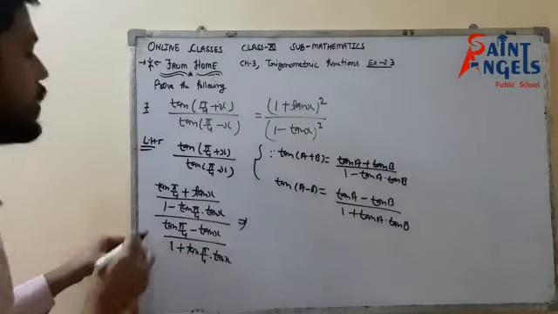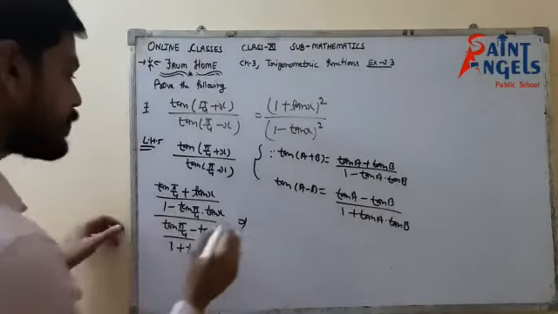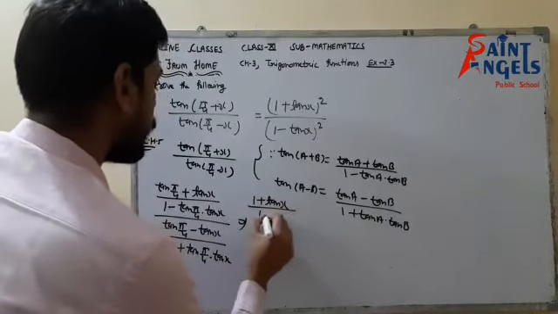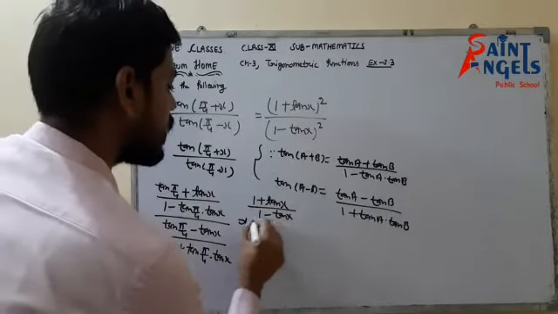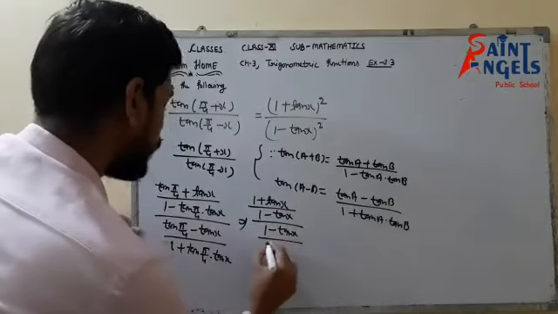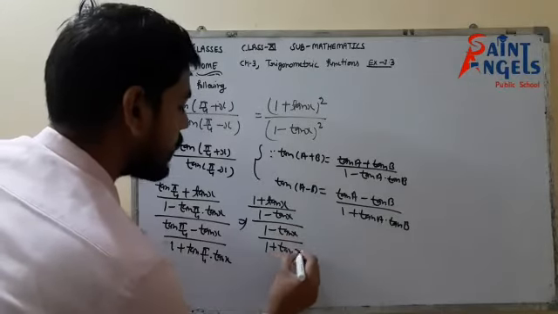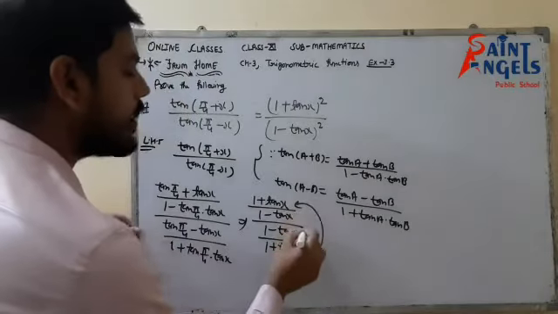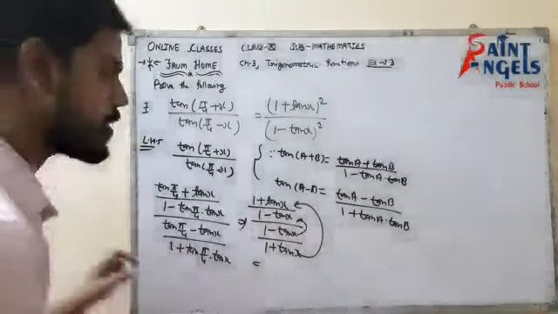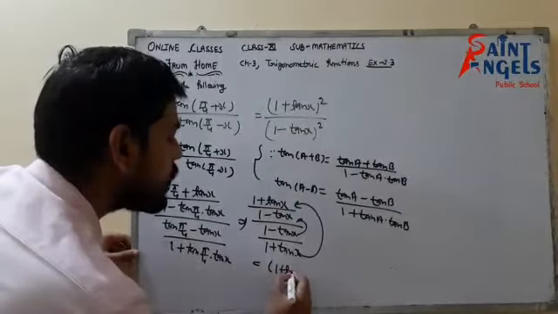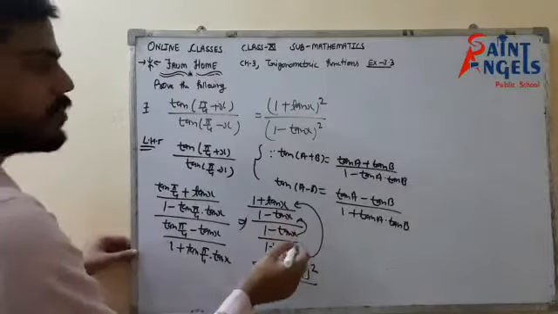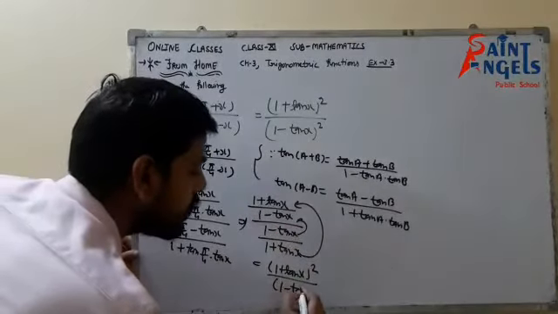Okay students, it implies that tan pi/4 is 1. So (1 + tan x) upon (1 - tan x), and that would be (1 - tan x) upon (1 + tan x). Beta, that would go upside and that would be over here. So it would become (1 + tan x) into (1 + tan x), it means (1 + tan x) whole square upon (1 - tan x) into (1 - tan x), so (1 - tan x) whole square.